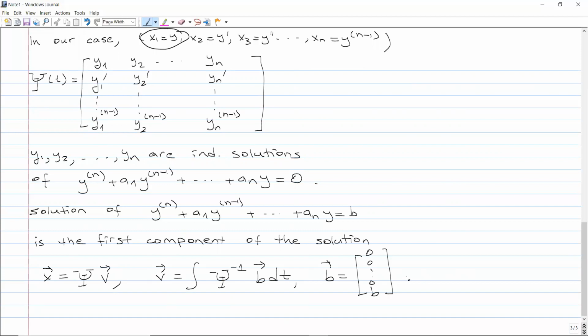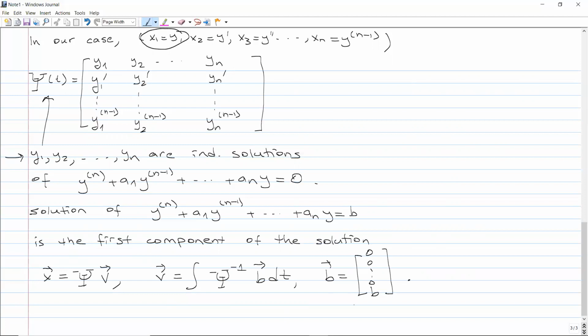So basically, for an nth order linear non-homogeneous differential equation, we first find the independent solutions y1, y2 up to yn of the corresponding homogeneous equation and form the fundamental matrix.